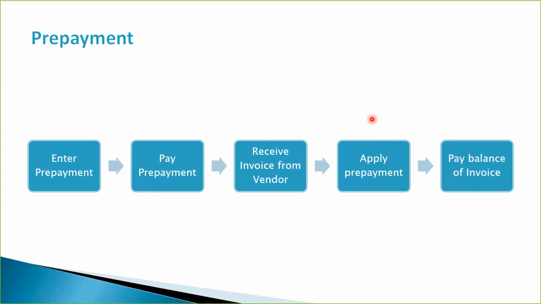So anytime we are entering an invoice and you press the option to apply a prepayment, the prepayments available under that supplier site will be available to apply to that invoice.